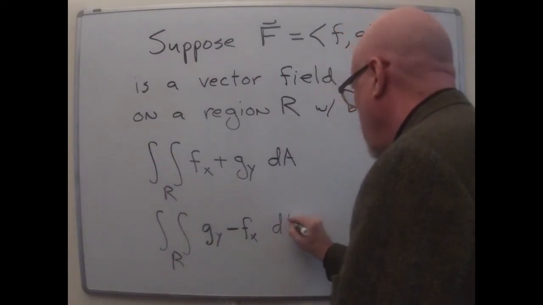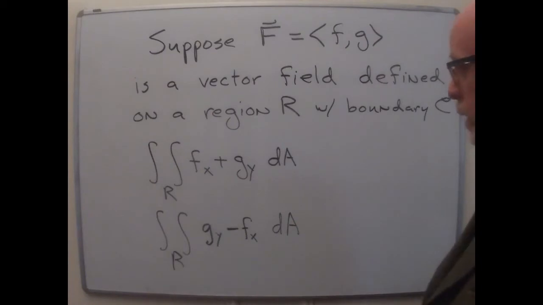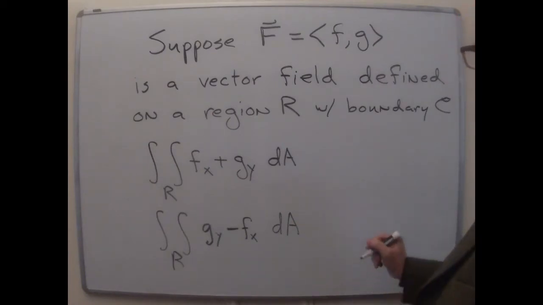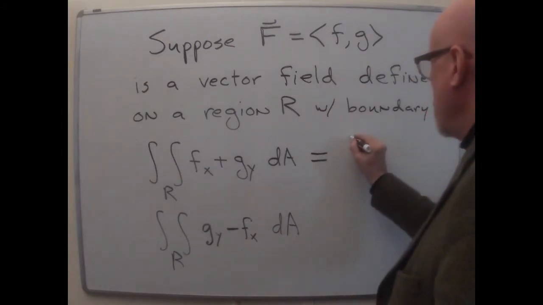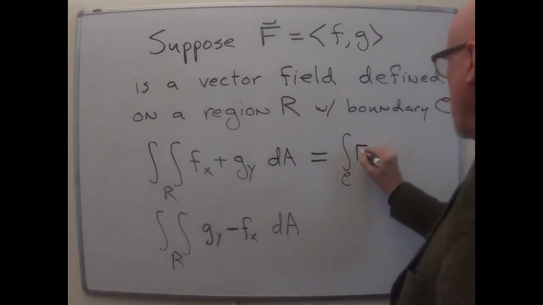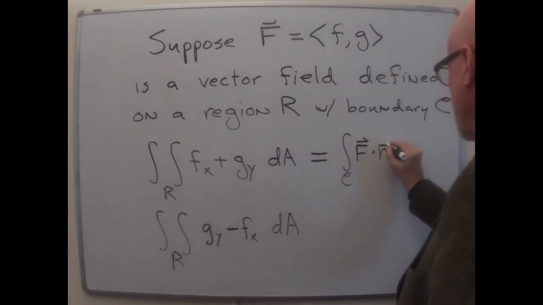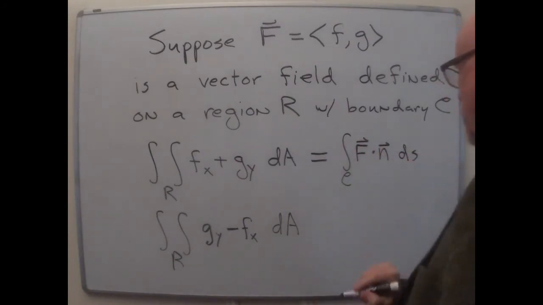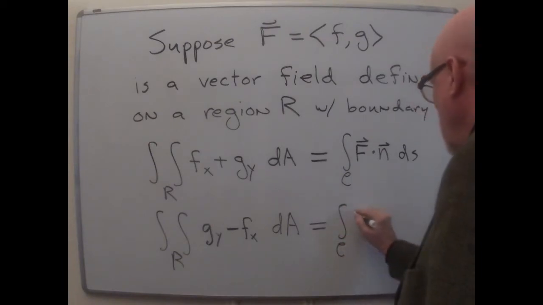And again, integrate that with respect to area. And these two things, respectively, are equal to line integrals that we can do around C. This one is the line integral around C of f dot n ds. And this other one is the integral around C of f dot t ds.